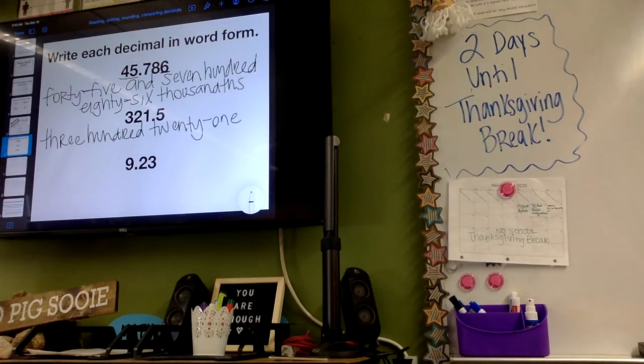Then I write my decimal, and then I write my decimal numbers, 5. Then I write my place value, tenths. So 321 and 5 tenths. Okay?